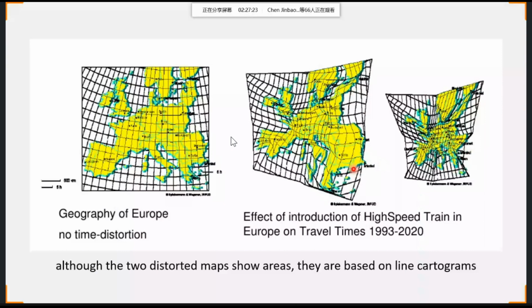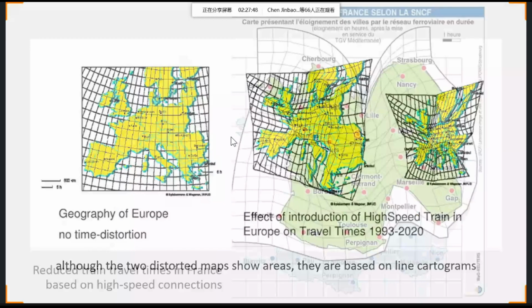Here you see a big difference. But yeah, it was just a plan or an idea. It's not what really happened. This might look as if these maps are based on area distortions, but in fact, it's based on lines. So these are still examples of line cartograms, not area cartograms.